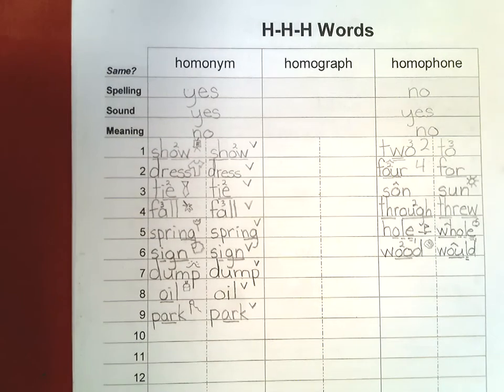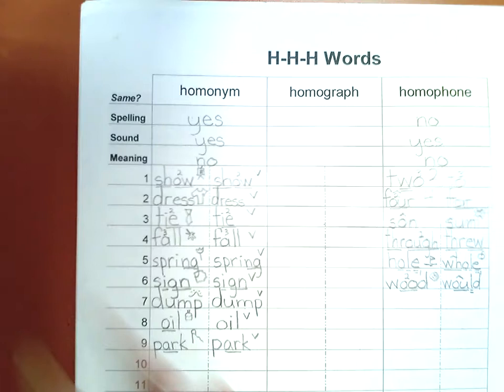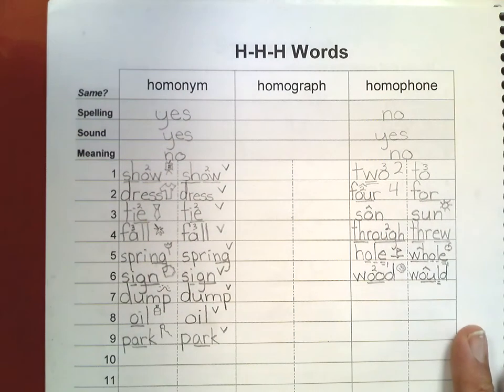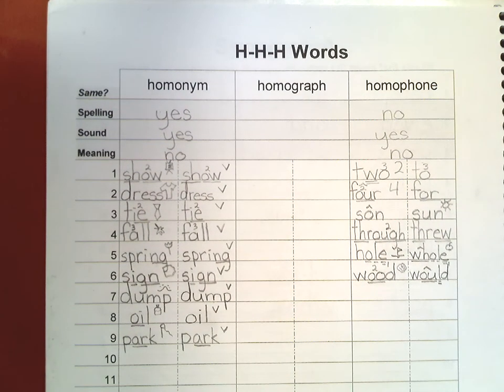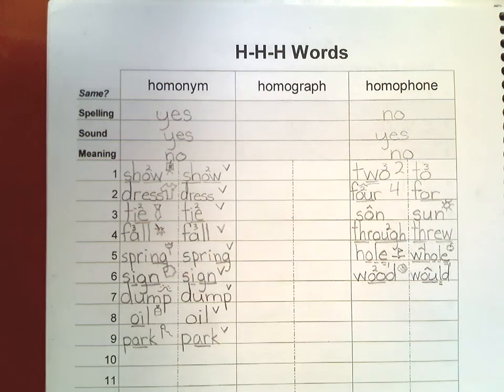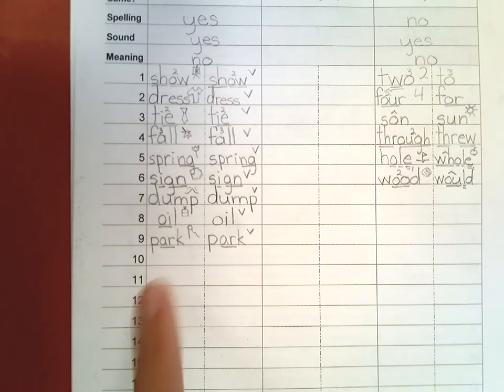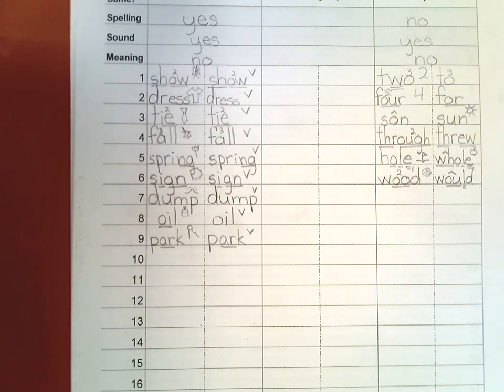So turn back one page to page 14. Class, which H word is blocks if it is spelled the same, sounds the same, but means different things? What is it? Yes, you're right. It's a homonym. Let's go to our next free homonym line.